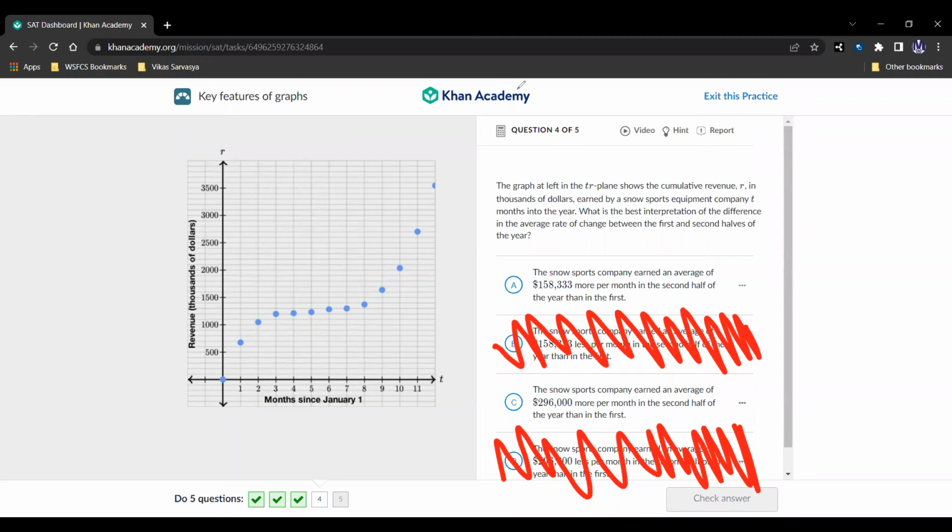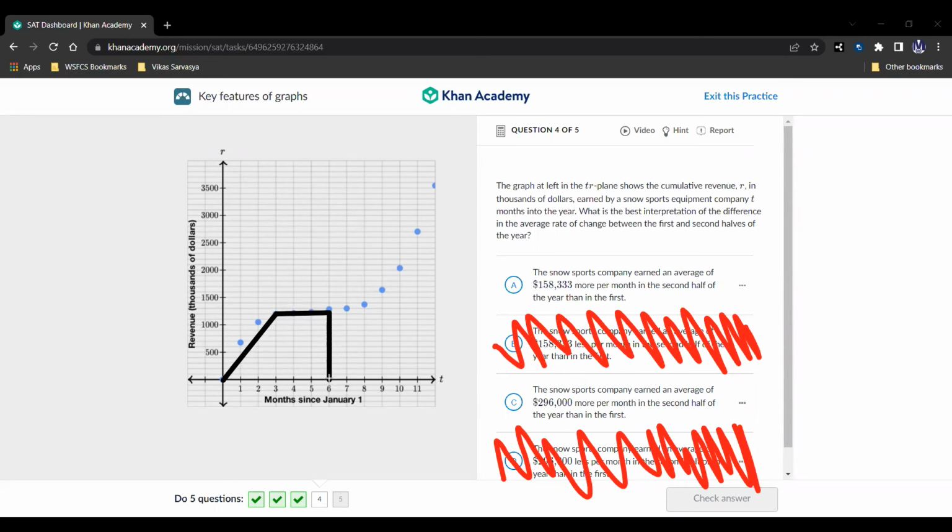All right, let us think about how we're going to approach this problem. The first and the second halves of the year. So in the first half of the year, how much did we earn on average? Well, if we were to find the area under the curve of the first half, we would get something that looks like this.